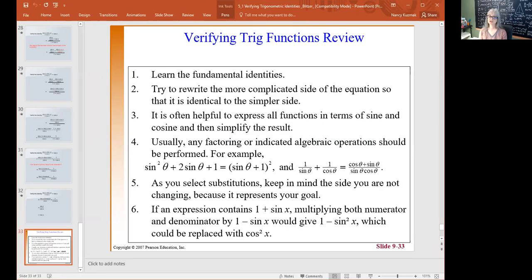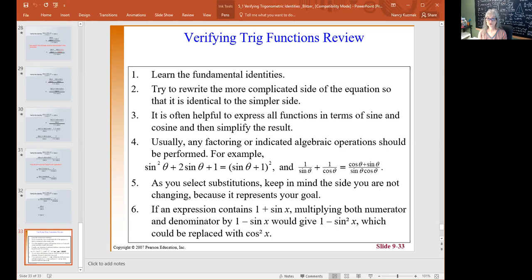All right, rewrite the more complicated side of the equation. It's easier to get from complicated to simple. Sometimes you can't decide which one to do because both sides are really complicated, but just pick a side and go for it. And if that side didn't work when you're working on it, then stop that side and pick the other side.